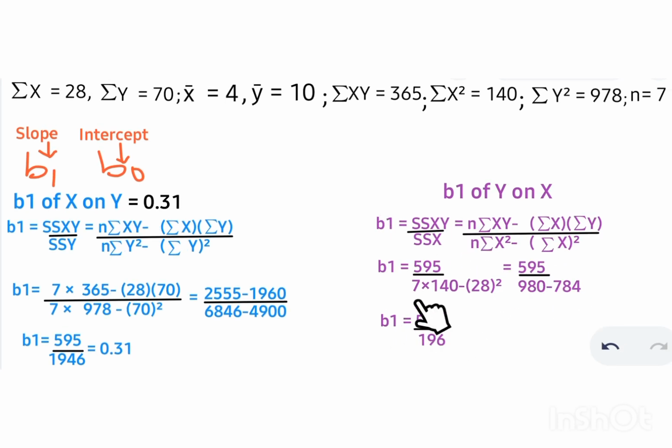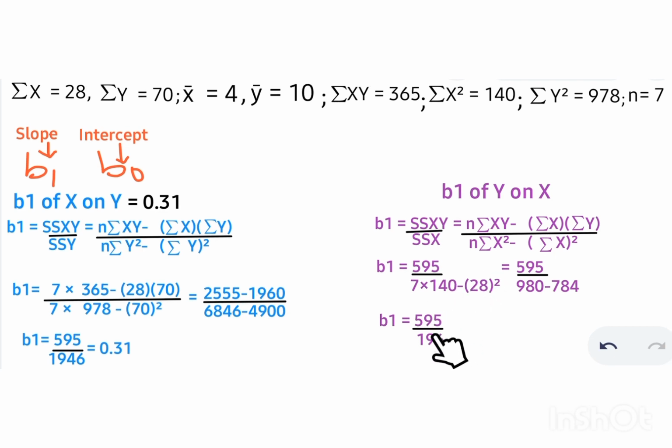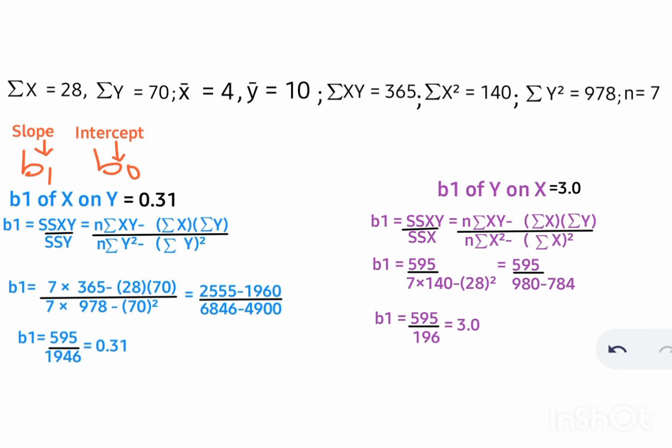Finally, the slope is 595 divided by 196, 3.0. So we succeeded in getting the slope of x on y and the slope of y on x.